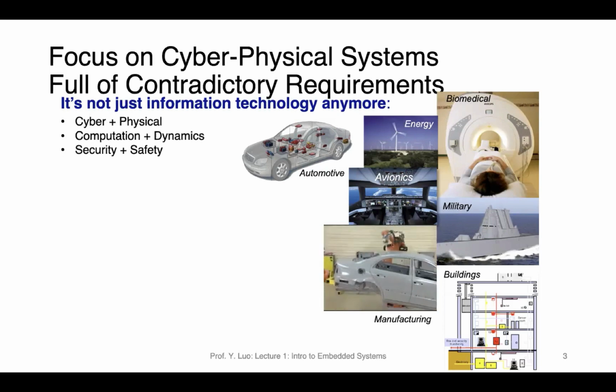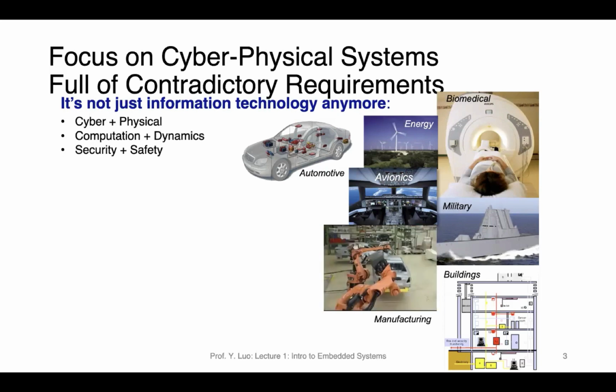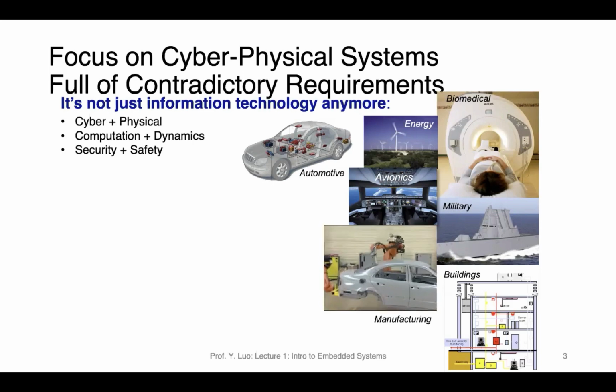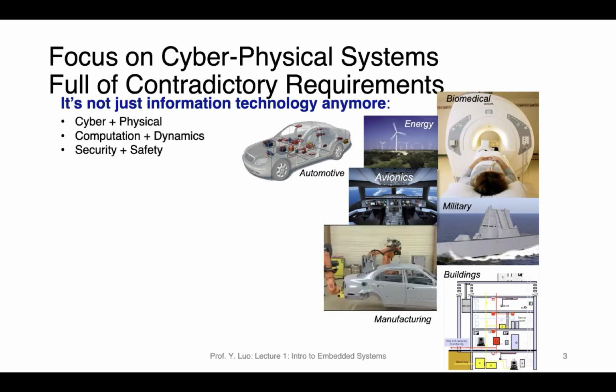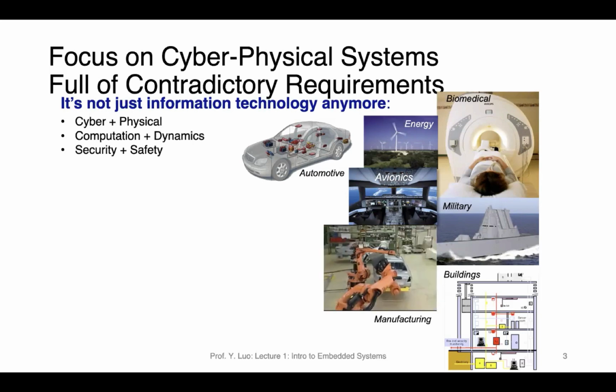For example, the automotive example, the cars. You have thousands or millions of components in your cars that are controlled by electronic systems, and there are a lot of sensors in your cars, especially the nicer cars.